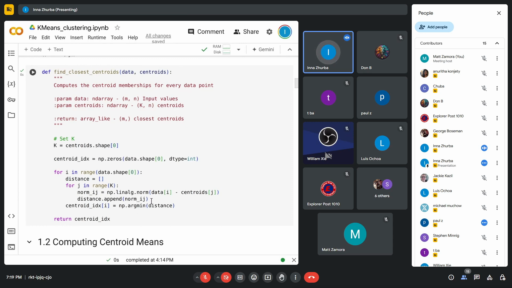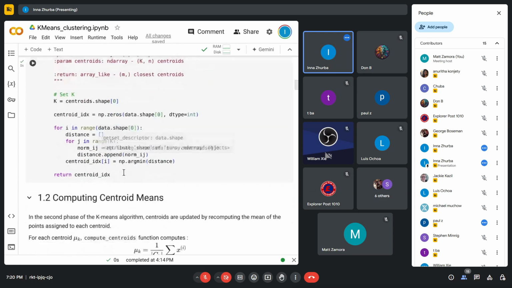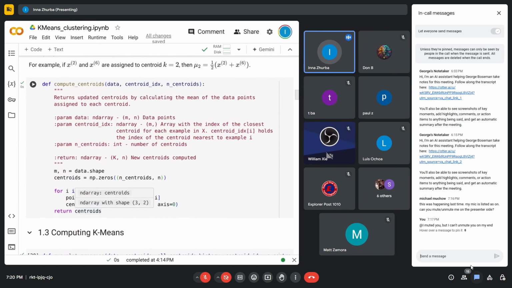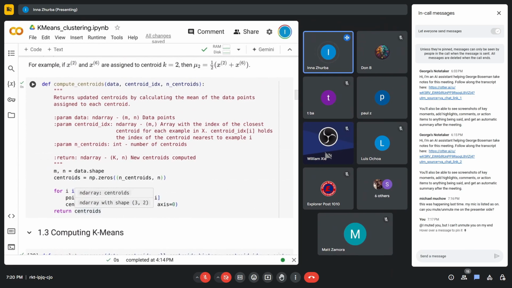We then take the minimum distance, and the centroid with the minimum distance would be the one assigned to our data point. After doing that, the next step is computing centroids. For each centroid and data point, we calculate the mean, and we return updated centroids assigned to each data point, or vice versa, data points to centroid.